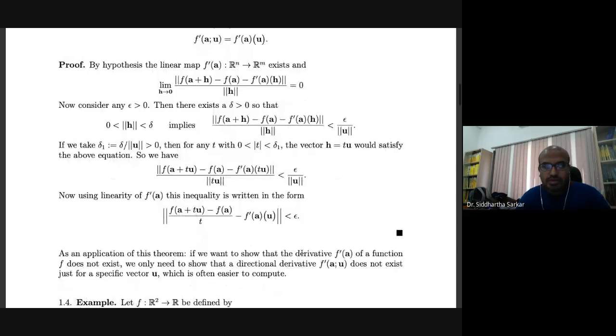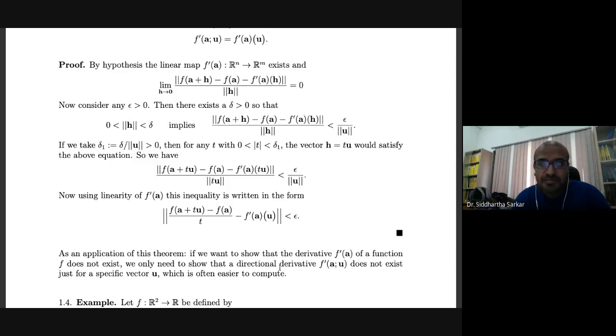Okay, so the question is, what is the use of this, a priori? Forget about what we are going to do about derivatives and so on, but what are the applications of this?